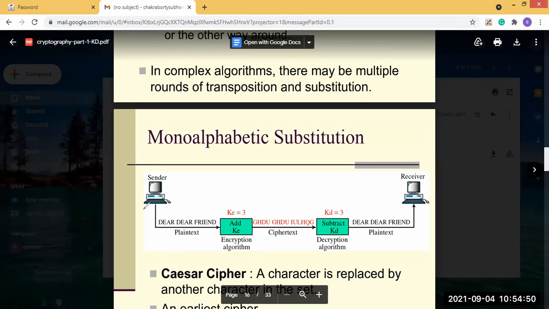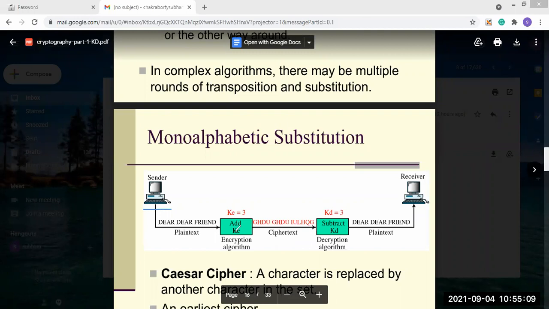Let's say, from the figure or the drawing you are seeing, there is a sender present. The sender is sending a message saying, dear friend. This is the plain text.